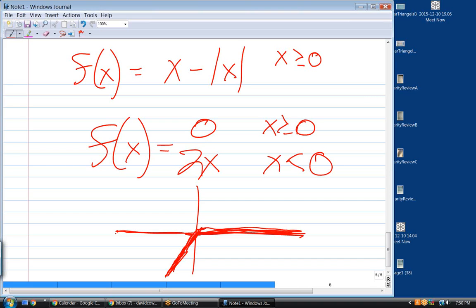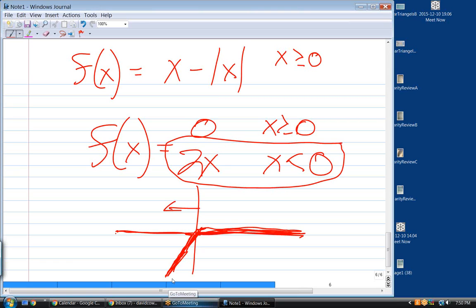The absolute value of it goes up, but its sign is negative. In other words, whenever x is negative, our f of x is 2x. So when I am to the left of the y-axis, I need a slope of 2 on it. And the only way to get it is to go down like that.